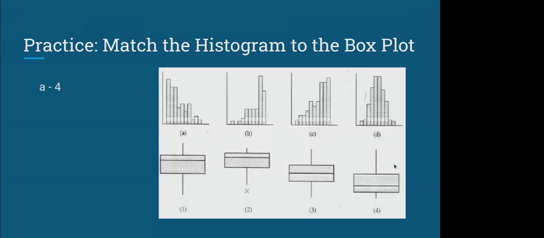So the right whisker is longer than the left whisker. That means the upper whisker is longer than the lower whisker. And our Q2 value, the median of the data set, is closer to Q1, the median of the lower end of the data. So yep, that is 4.